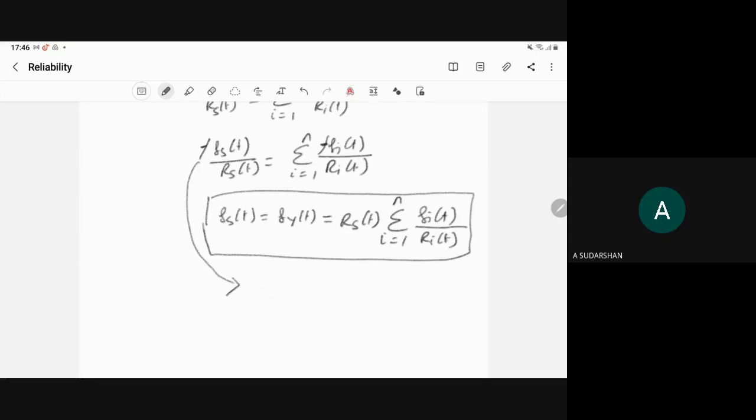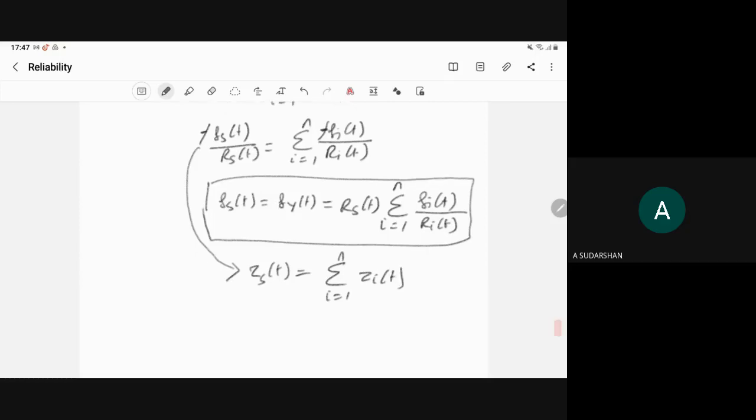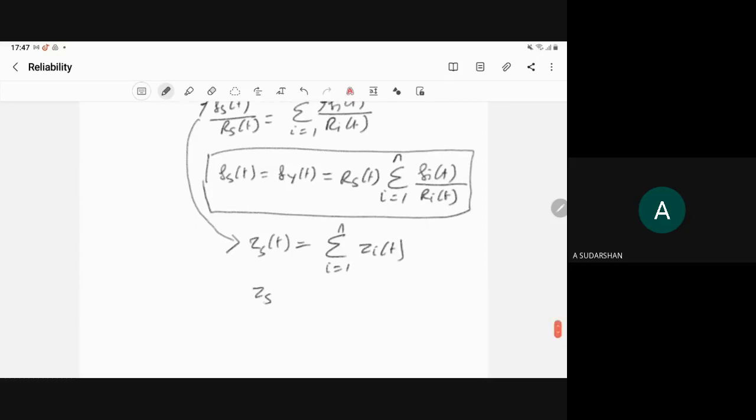Hazard rate function. Hazard rate function. So this will give you Zs(t), right? Zs(t) is equal to summation of i equal to 1 to n Zi(t), means Zs(t) is equal to Z1 plus Z2 plus Zn.